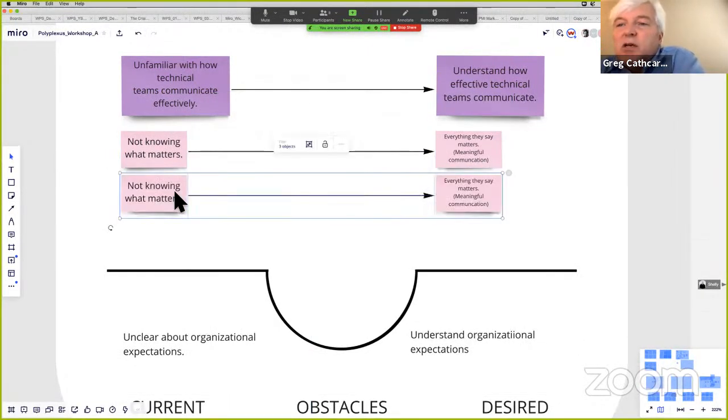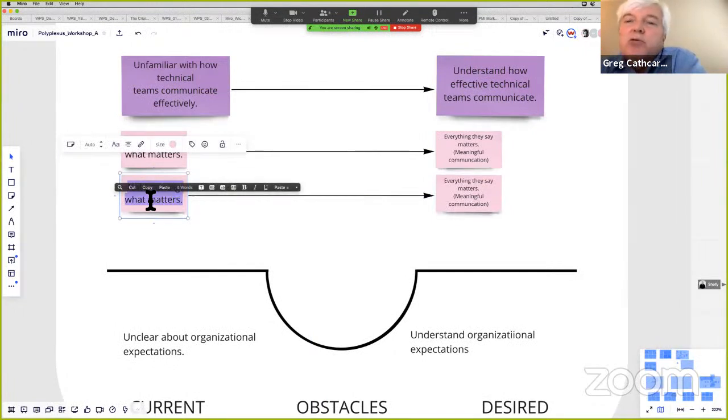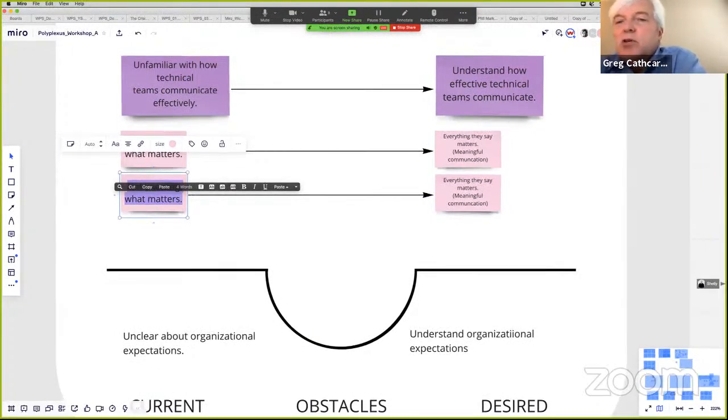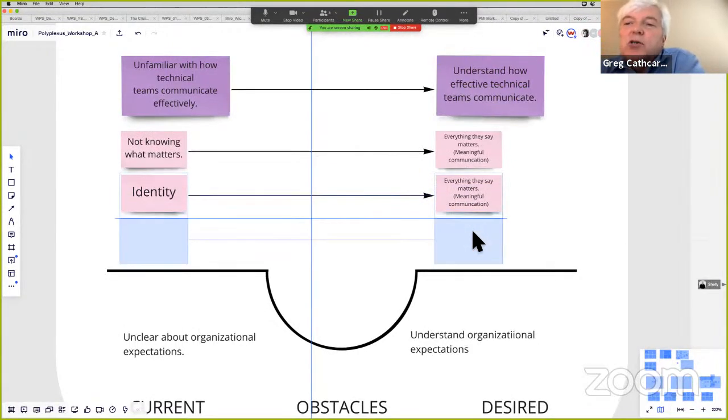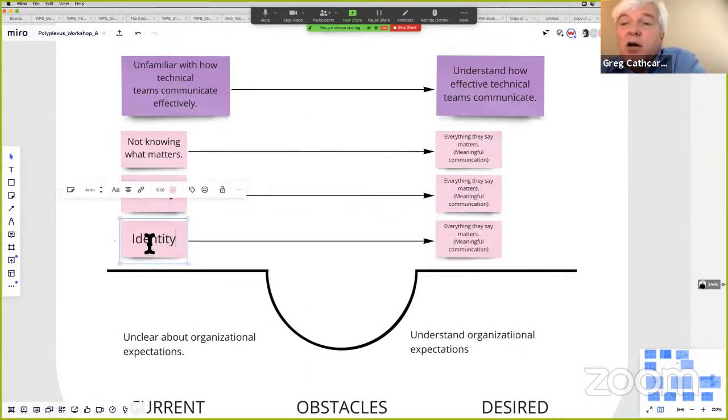These are dialogues, but what is your identity on the team? What are you providing? What are you contributing? You need to be aware of these things. And you also need to be aware of what the organization is asking of you.